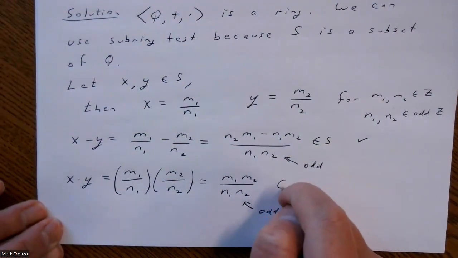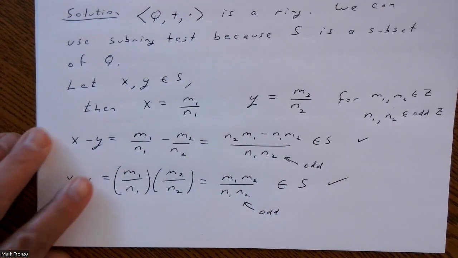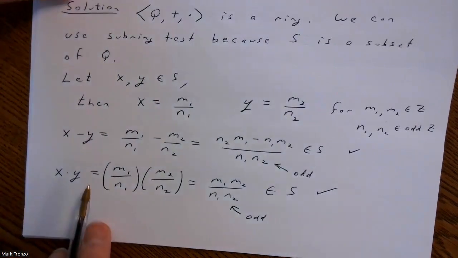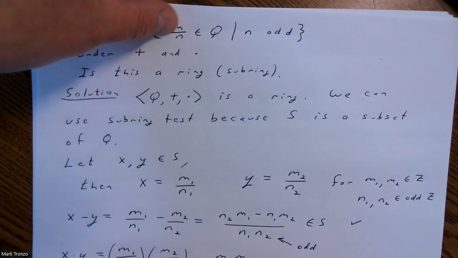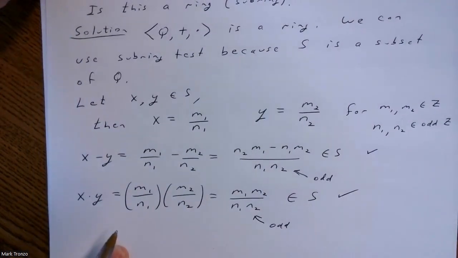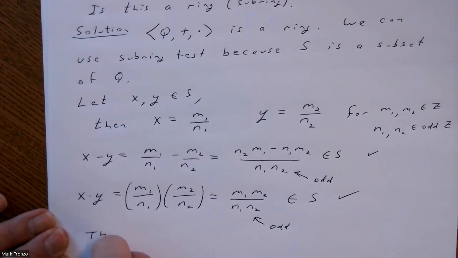So that's got to be in S, because according to our set, we have an integer divided by an odd integer. So we put these together, and this is a subring. And we're over time.